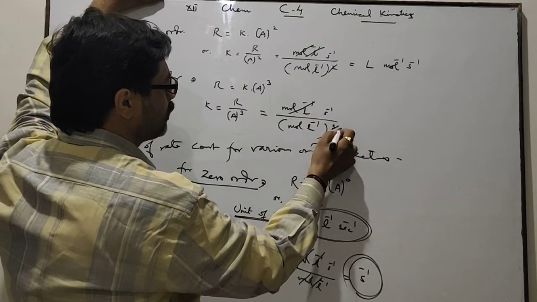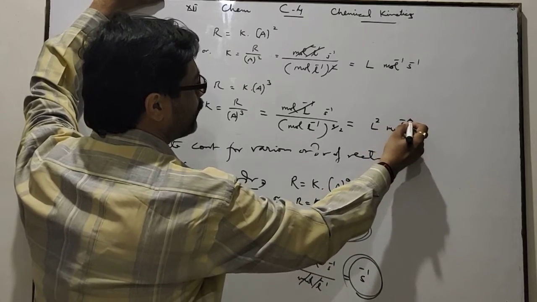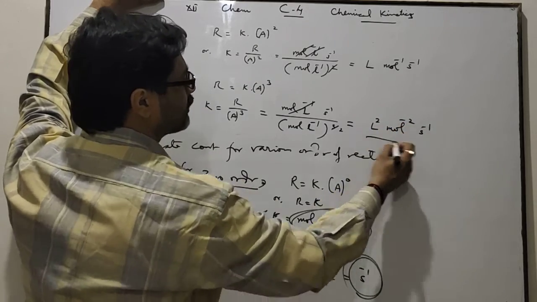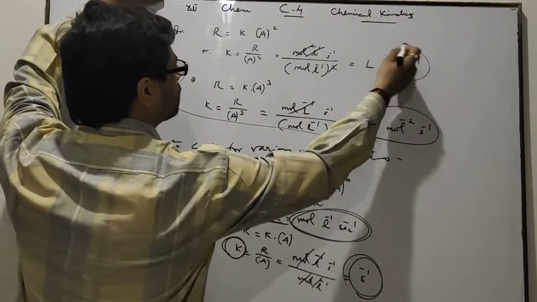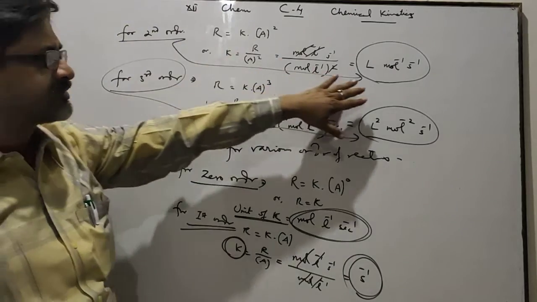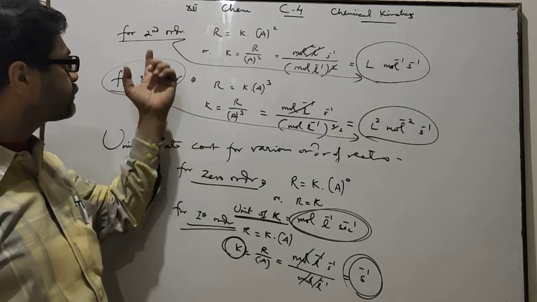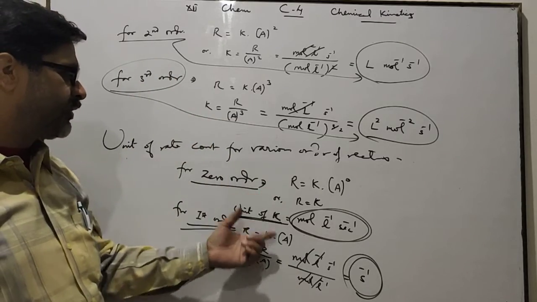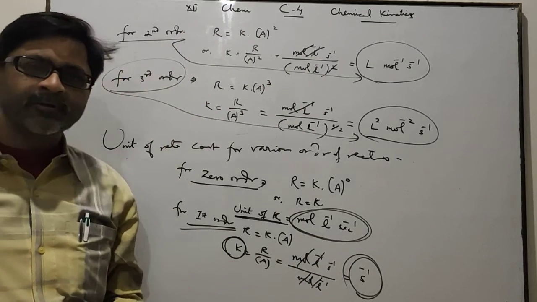It becomes liter square per mole square per second. This is the unit of rate constant for third order, and the earlier one is for second order. By seeing this unit we can tell the order of reaction, or we can find the unit of rate constant.